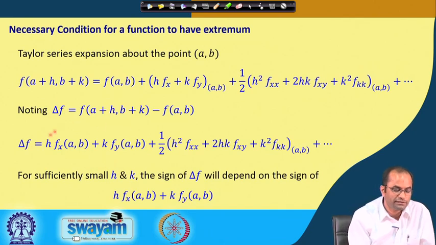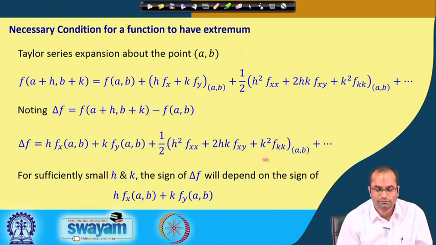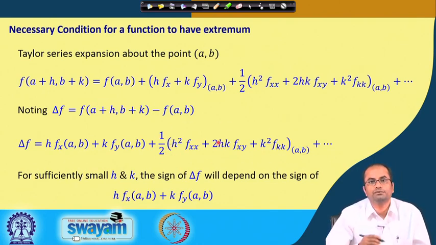These are the leading terms in terms of h and k. Therefore, for sufficiently small h and k, the sign will be determined by the sign of this term. If this is a positive term, Δf will be positive. If this is a negative term, Δf will be negative, irrespective of whatever we have here, because these are the higher order terms in h squared and the product of h and k.